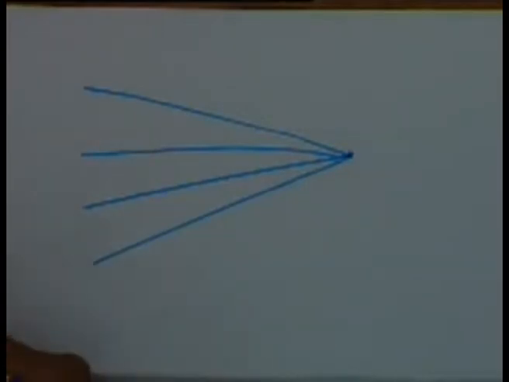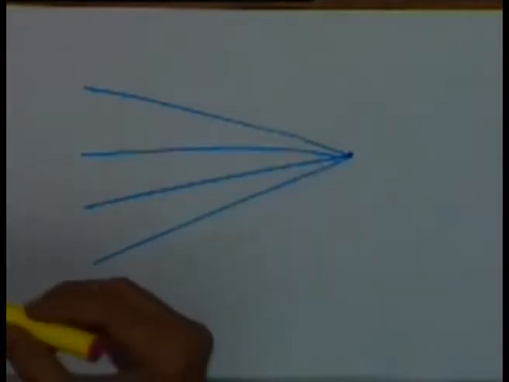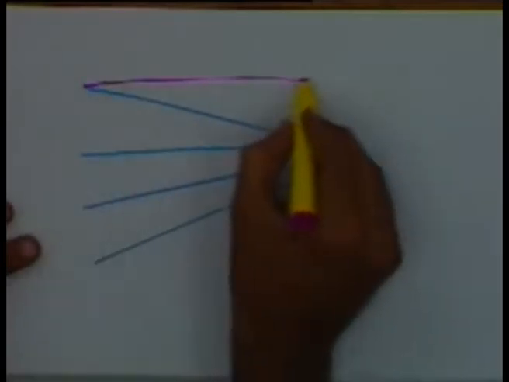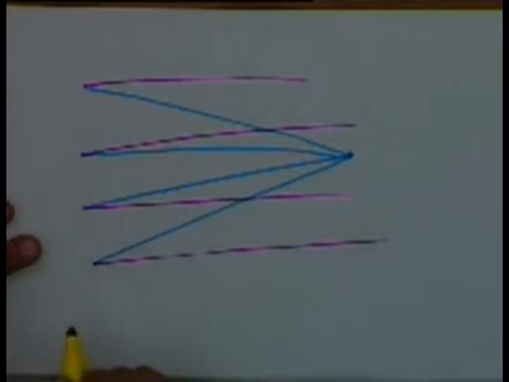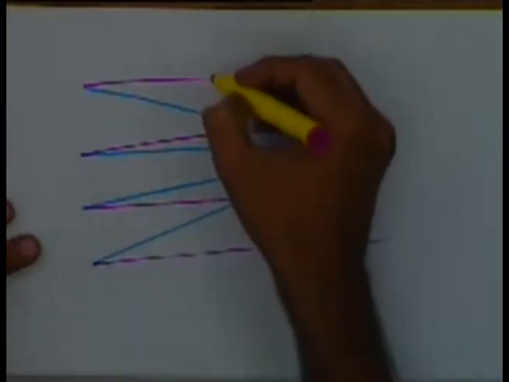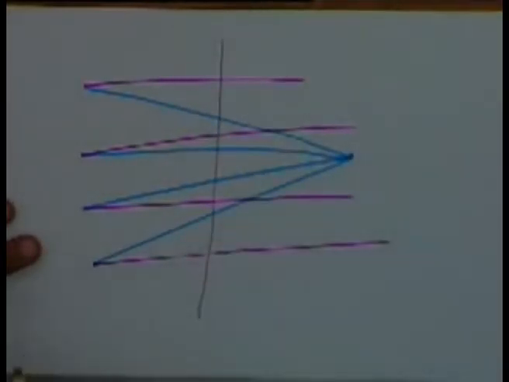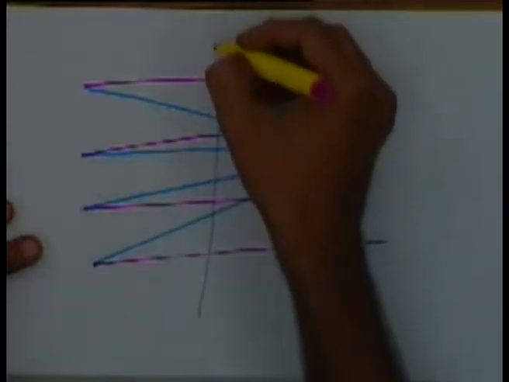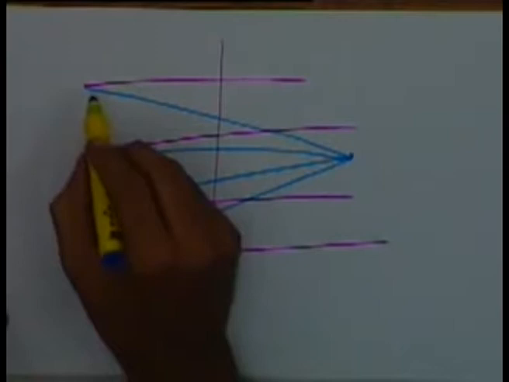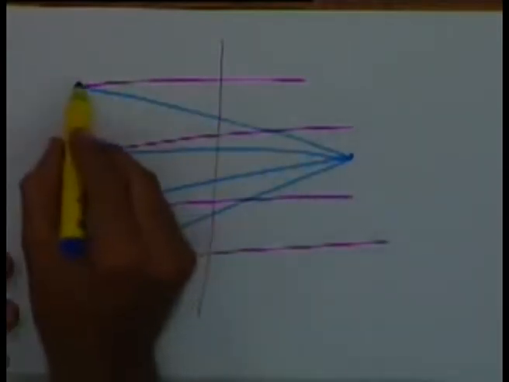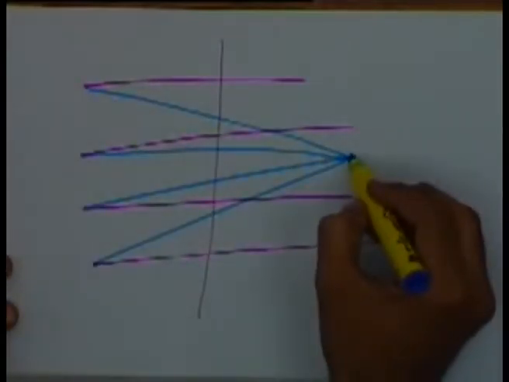Earlier, when we were talking of the orthographic projection, the projecting lines were all parallel, and we had a projecting plane like this. So this is the projecting plane, and the projecting lines, instead of being parallel, are focused on the eye.